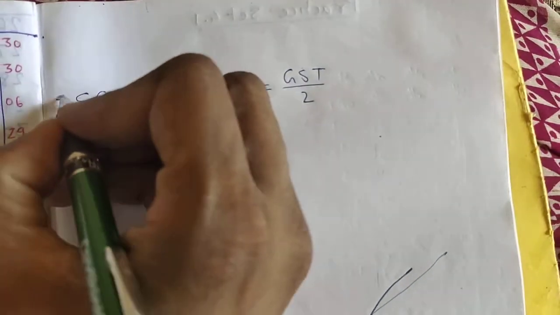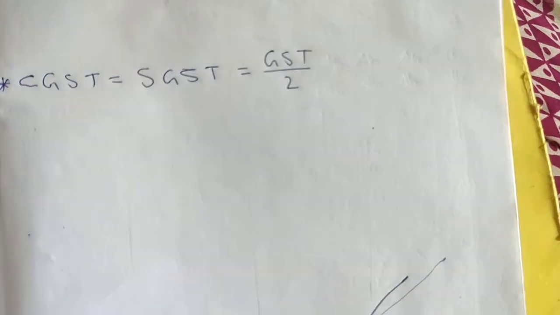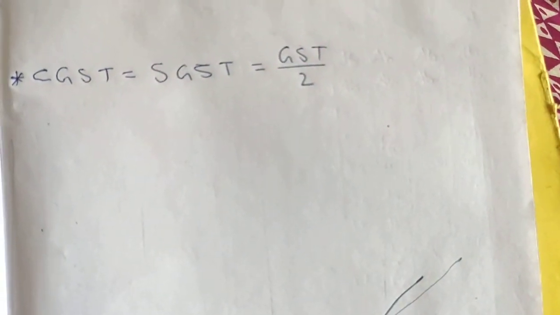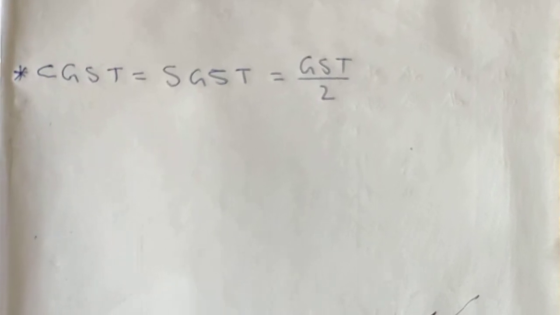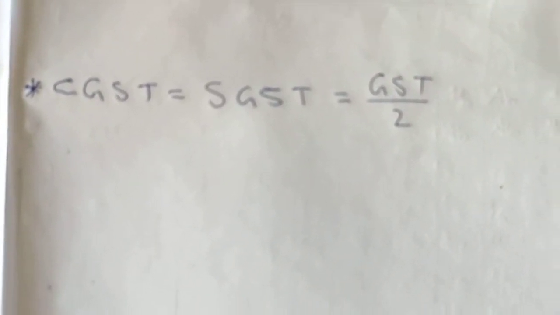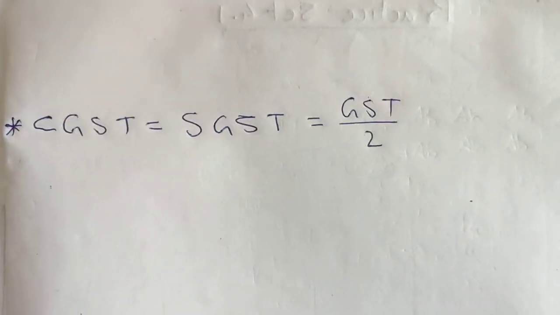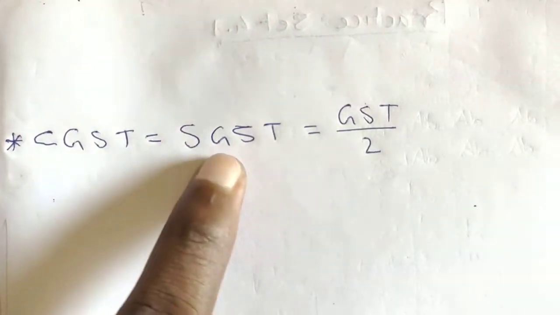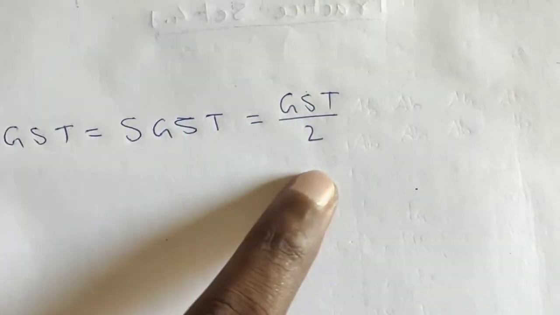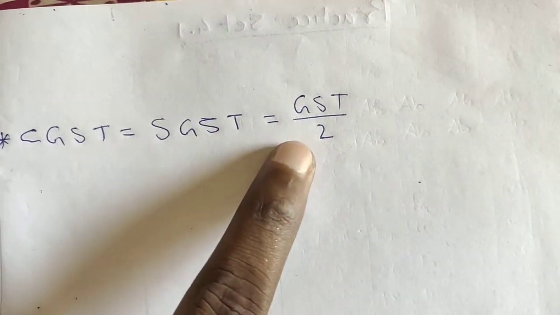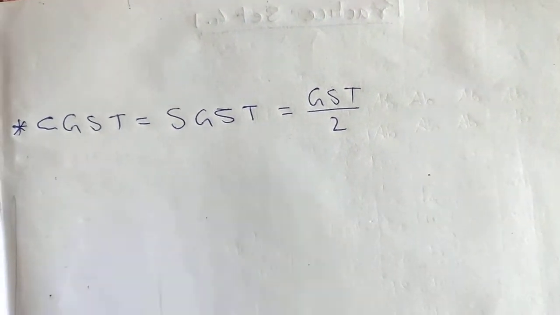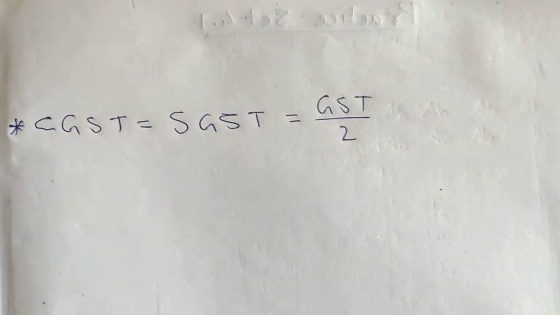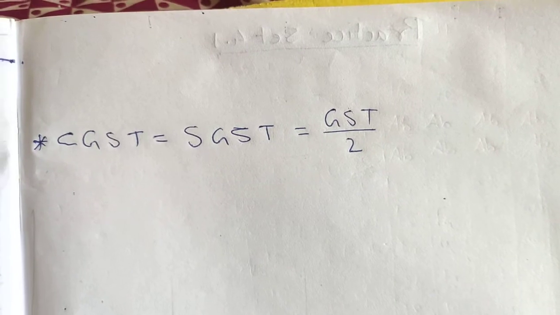Students, this is the formula which we are going to use in this chapter. Always remember this formula. On the basis of this formula we will do the first exercise in the next class.